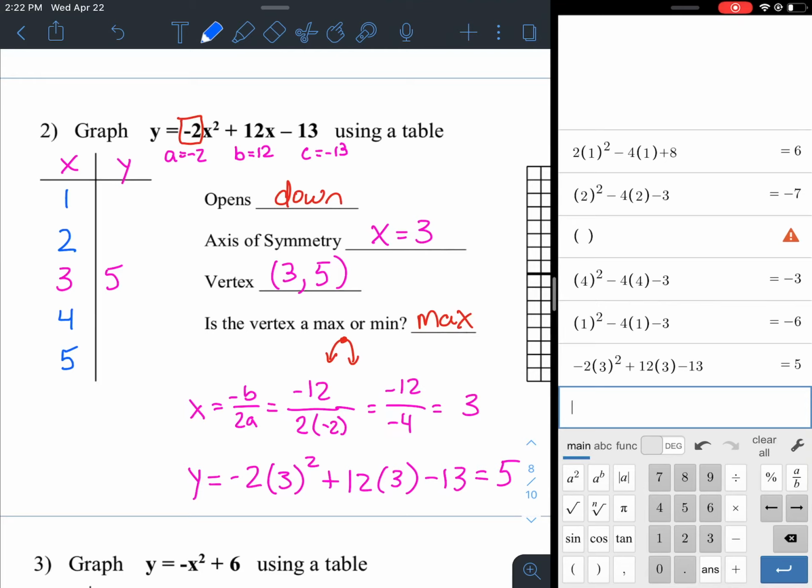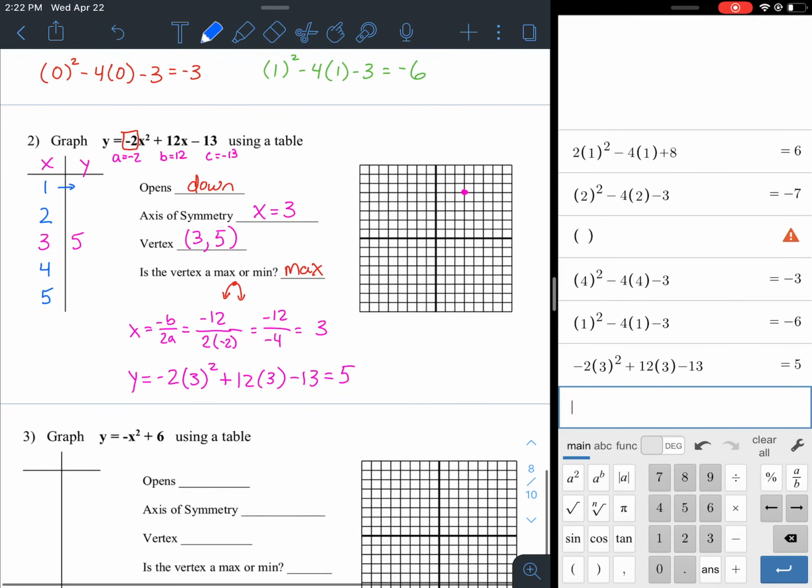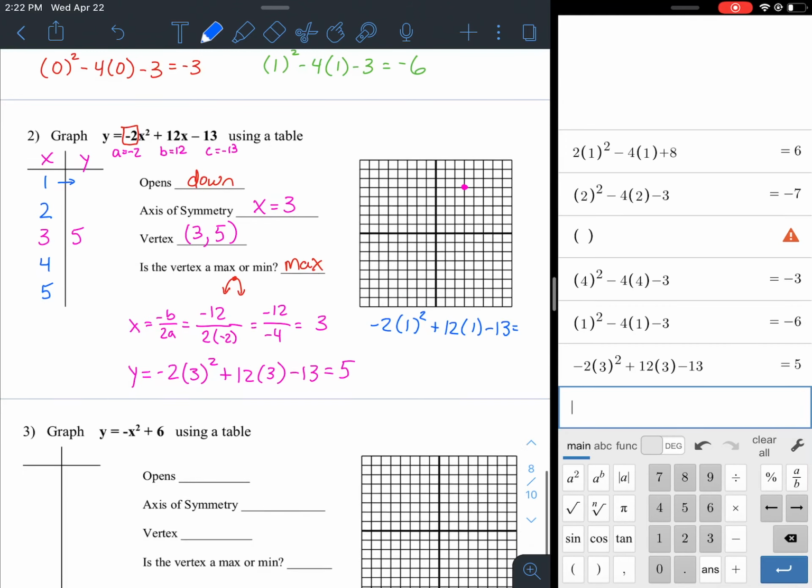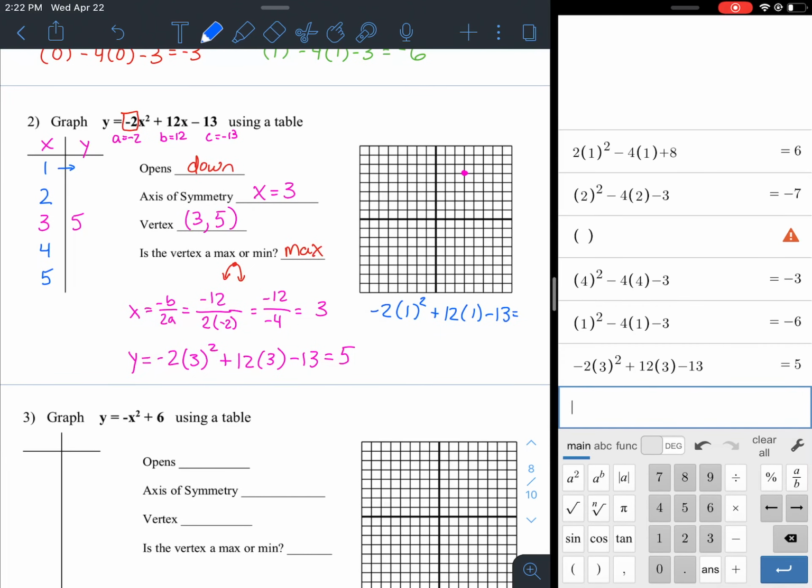So in order to figure out what 1 gets paired with, I plug 1 into the original equation. So when I plug 1 into the original equation, I'll do this over here. Negative 2 times 1 squared plus 12 times 1 minus 13. When we do that, oh, this saves a lot of time. Did not know I could do this.